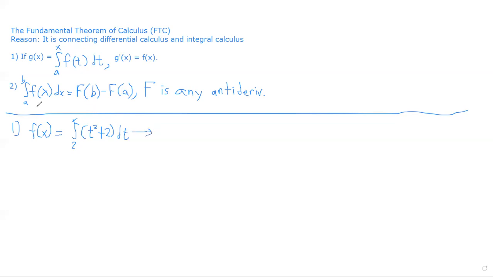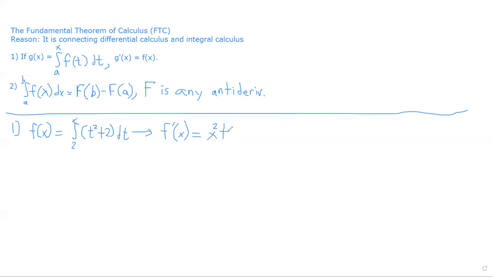Well, applying this concept, g prime of x is just f of x. What we do is simply swap out the t variable. So f prime of x would just be x squared plus 2.